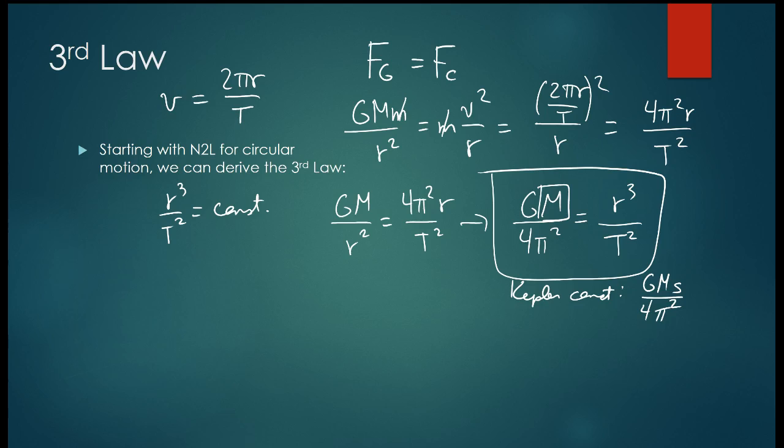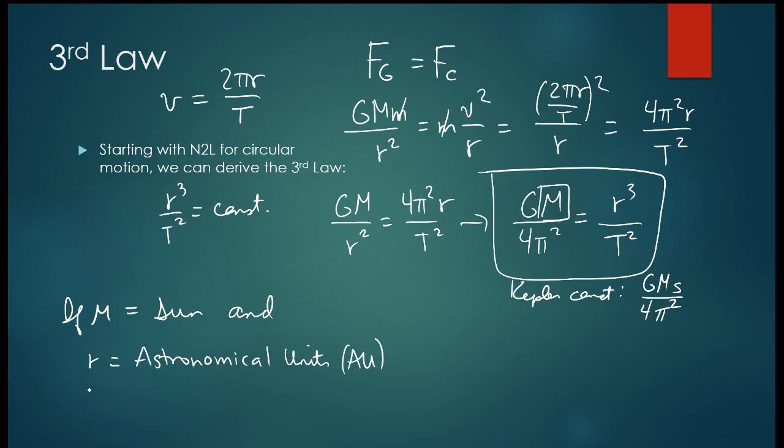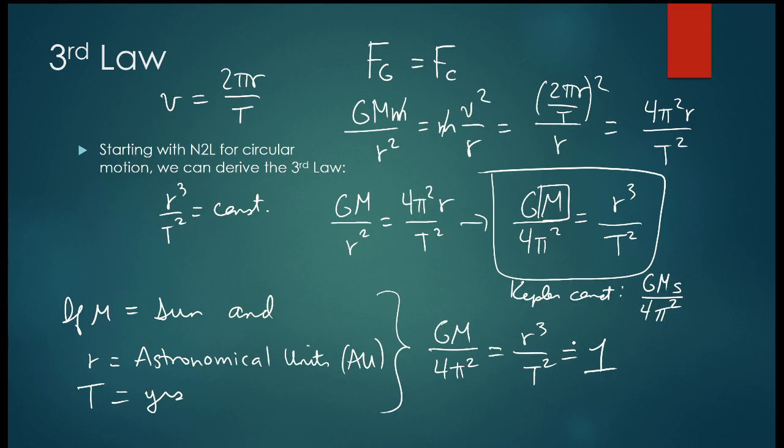Now, there's one cute thing that you can do here. So if M is the sun, and if you write r in a special unit called astronomical units, abbreviated AU, and also if T is measured in years, if all of these things are true, then GM over 4 pi squared, which is equal to r cubed over T squared, is equal to 1.